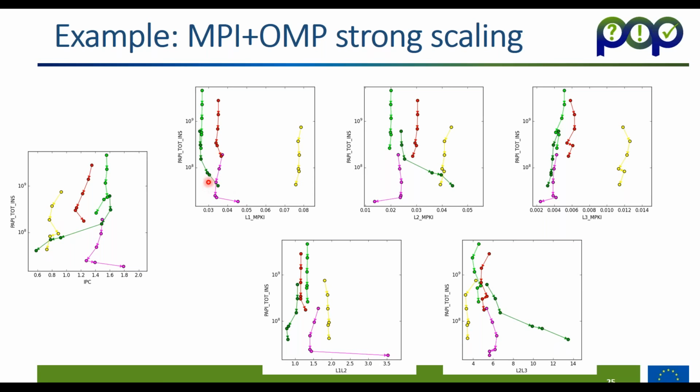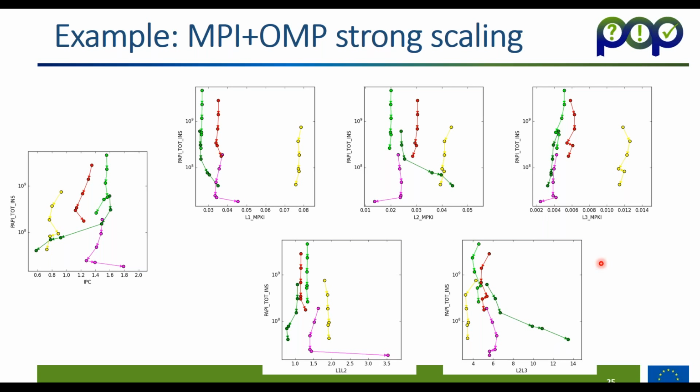And if we look at the L1 misses, we see that the L1 miss rate actually increases with increased core count. The L2 miss also increases with increased core count. And the L3 miss does not increase with increased core count. Okay. From these plots, one can make hypotheses about what's the fundamental reason of the bottleneck.